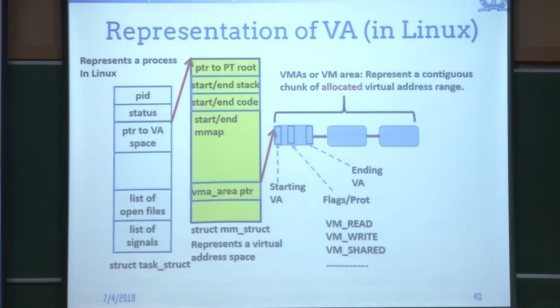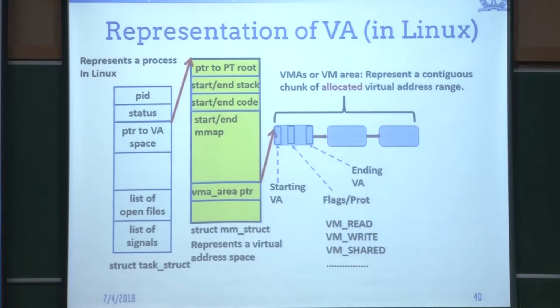These VMAs are virtual memory areas, and what they represent are contiguous virtual address ranges that are allocated. Does it make sense? So you might have a contiguous, say, 20 megabyte virtual address range that you allocated. Maybe you just allocated a data structure that is 20 megabytes big, so that will be completely contiguous.